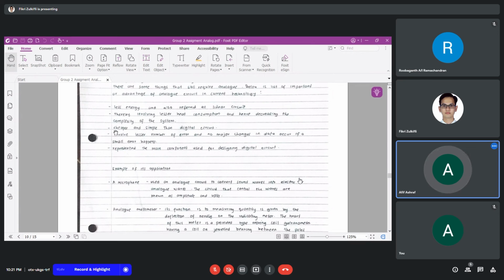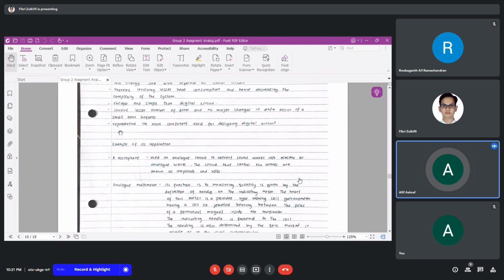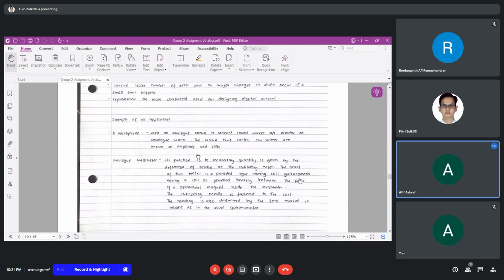Third, cheaper and simpler than digital circuits. Fourth, involve a lesser number of errors and no major changes in data occur if a small error happens. Lastly, they represent the main component used for designing digital circuits.